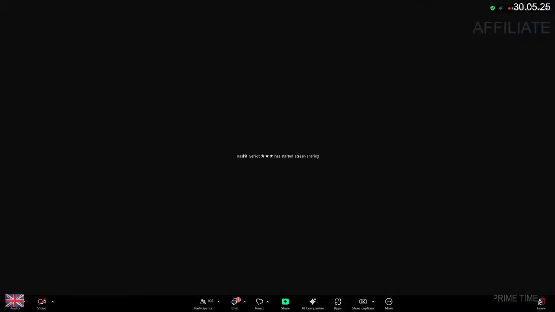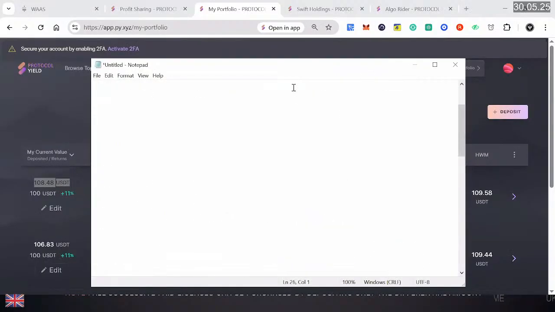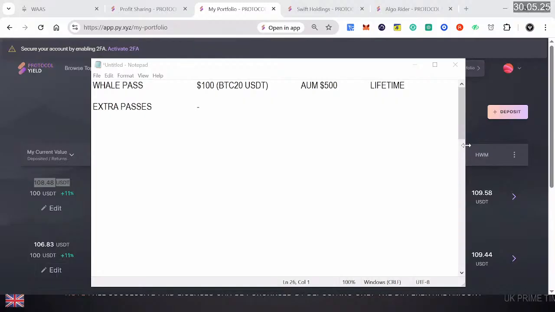Do you remember we had requested you to stay at the end of the training? So let me again share my screen. Everybody requested a cash out option for BTC20 assets.